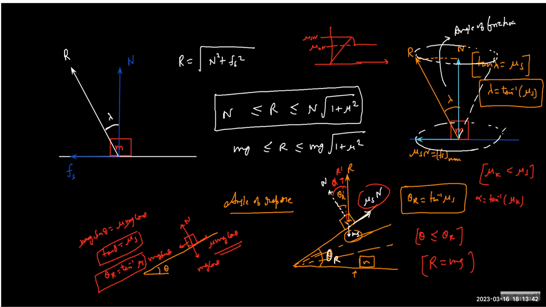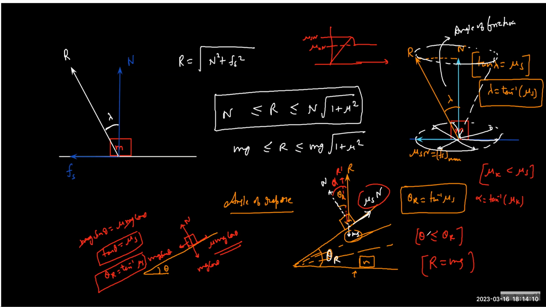So as I change, this will change, right? So that's why R will trace the generatrix of the cone, right? And that's why this angle lambda is called the semi-vertical angle of the cone, and you may say this is the angle of friction. But that's very easy. I think this is not difficult to decode.